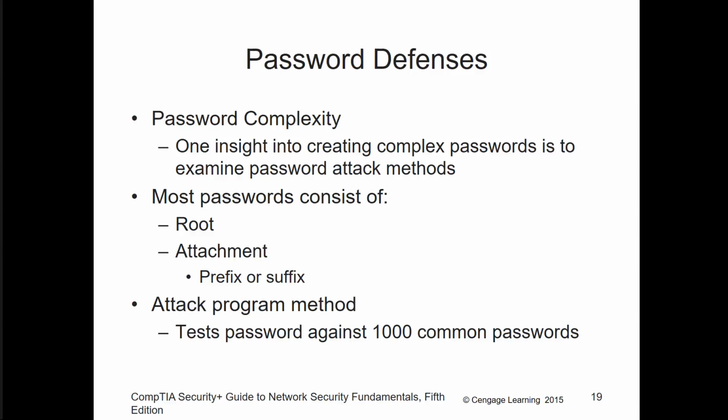Most passwords consist of a root with an attachment, either a prefix or a suffix. The attacking program will typically test passwords against 1,000 common passwords and kind of give up after that. But again, if there is a lockout policy, this is neglected.